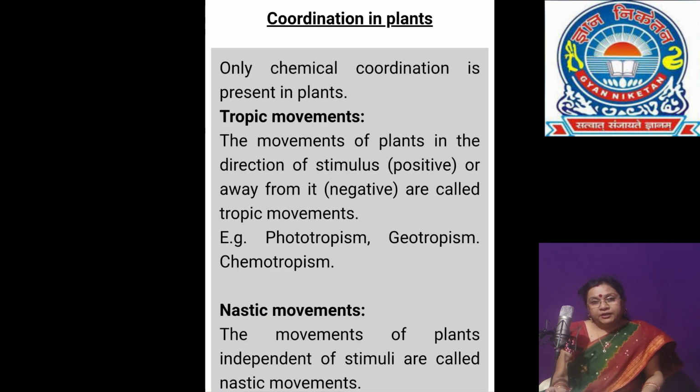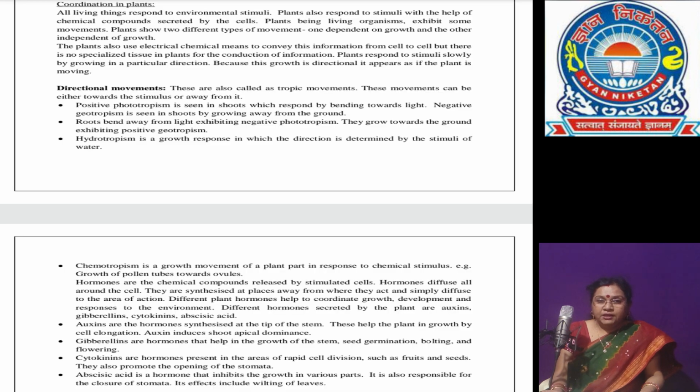The next part, let us discuss the coordination in plants, that is the plant hormones. We all know that plants do not have neurons and sense organs like animals or we human beings have. But they respond towards light, touch, gravitational force and other kinds of stimuli.